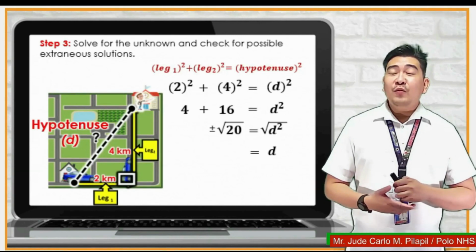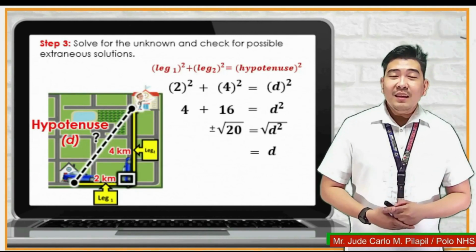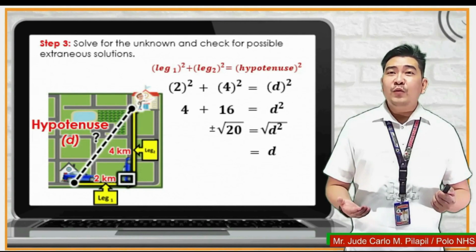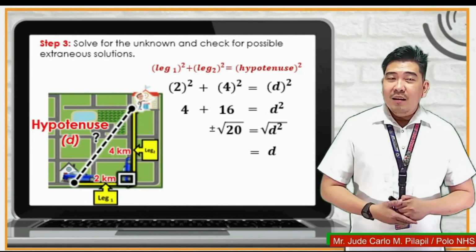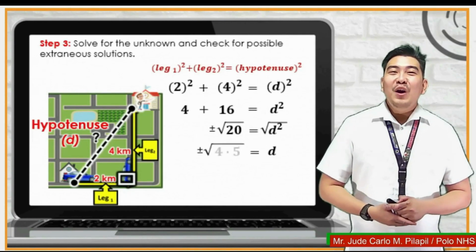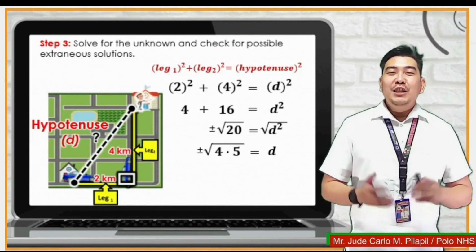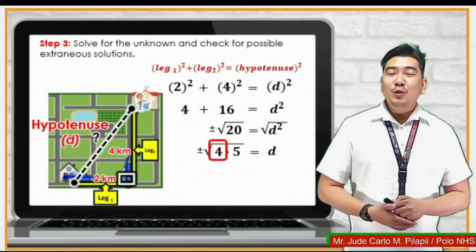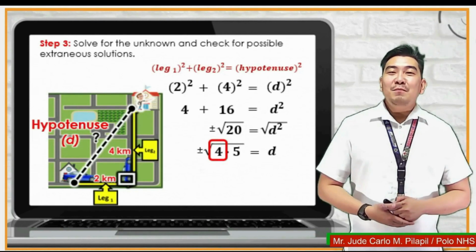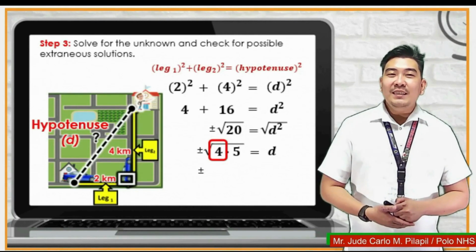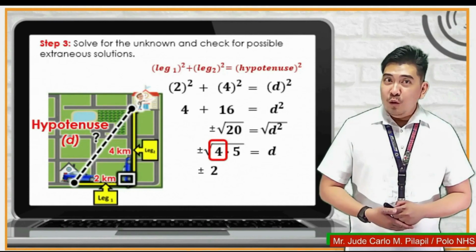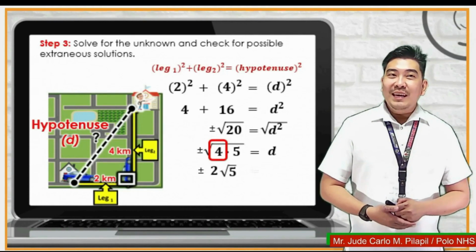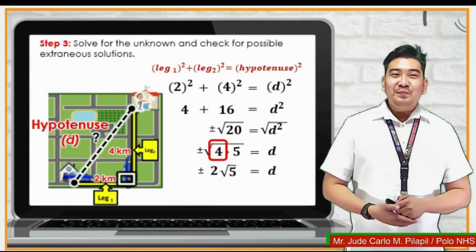The square root of D squared is D. The factors of 20 are 4 and 5. The positive negative square root of 4 is 2. Then, the simplest form of the expression is positive negative 2 square root of 5 is equal to D.